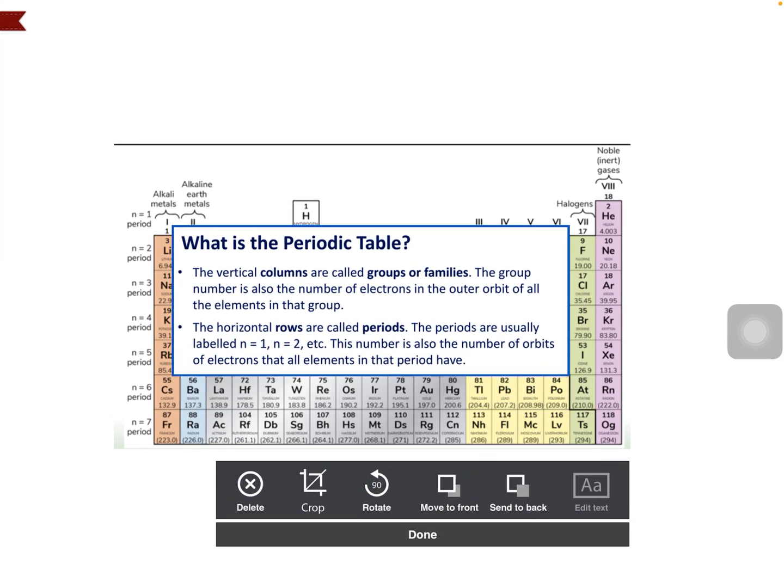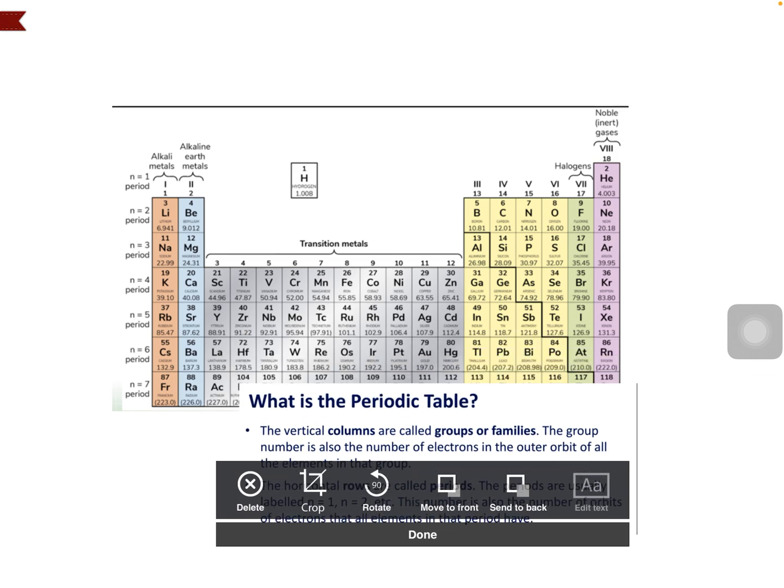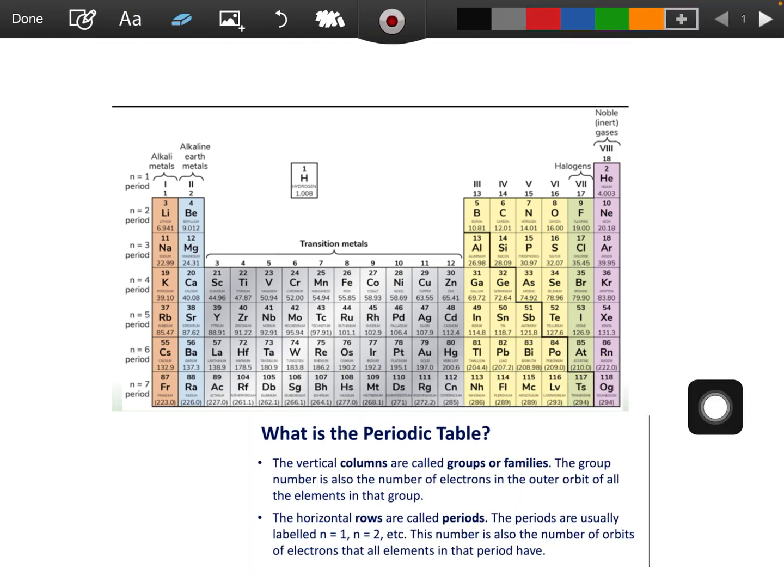Then we also said the horizontal rows were called periods. So going across like this, we are looking at periods. For something like hydrogen, which sometimes can be seen in group 1, it's on the same line here, on the same period as helium.